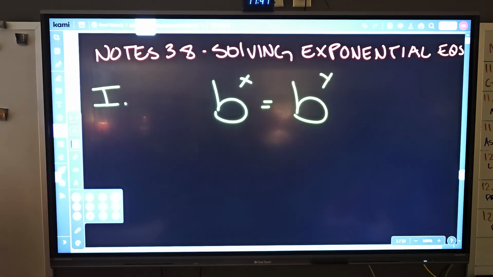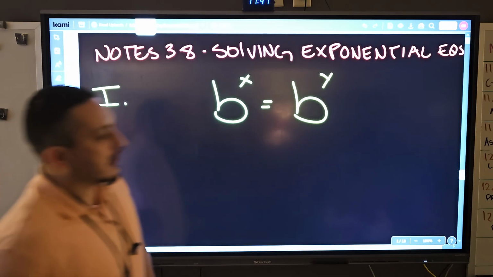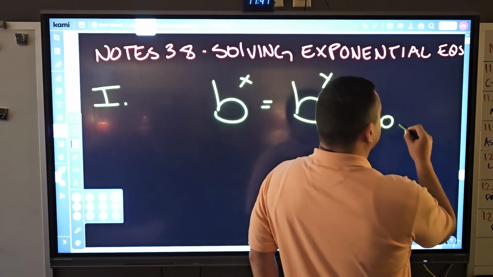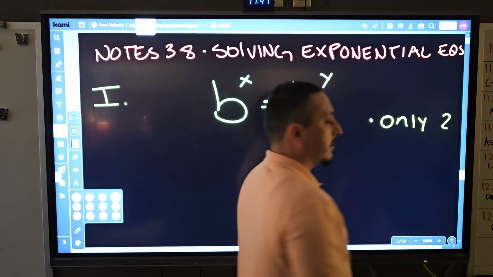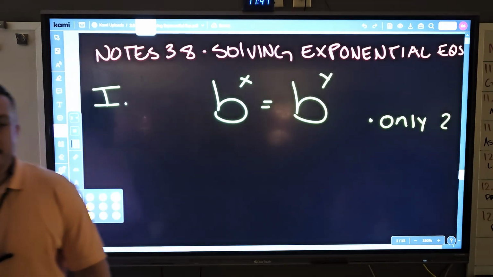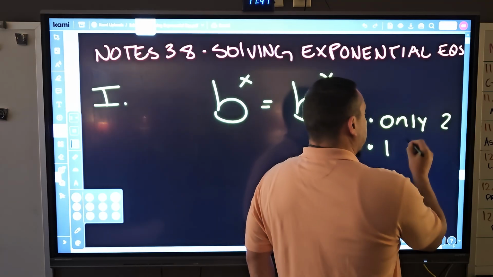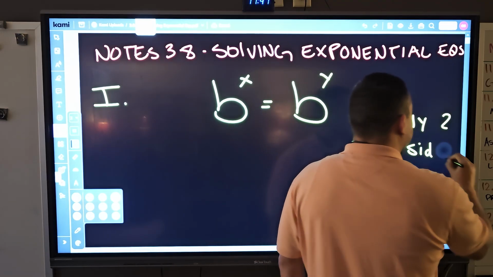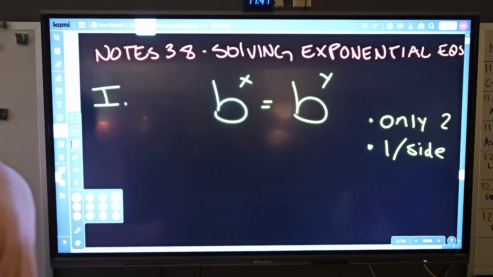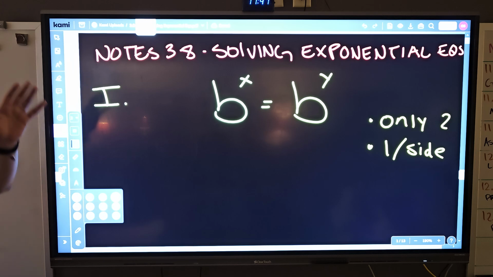This is very similar to the logs. Notice there's only two bases. I'll show you what I mean by that in just a second. And then the other thing is that there's one per side. So that's what I mean by b to the x equals b to the power y.